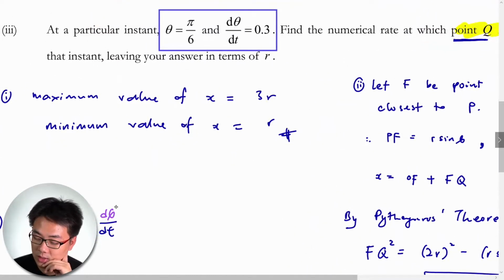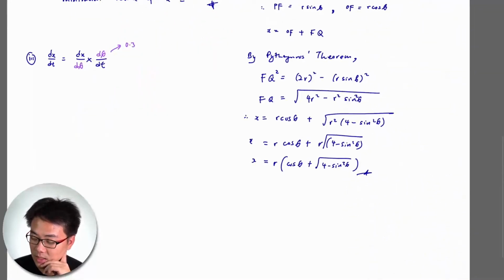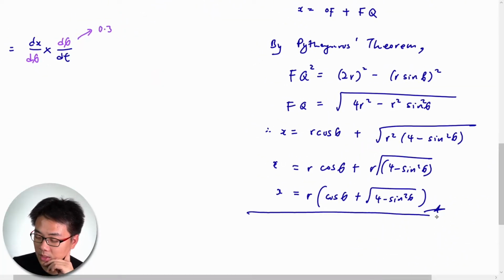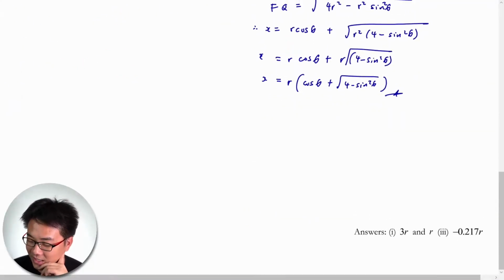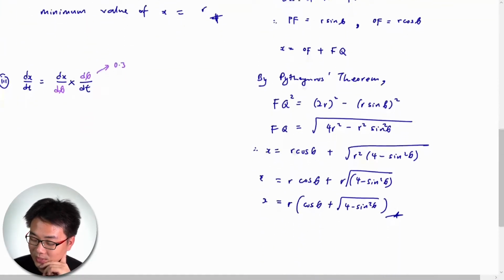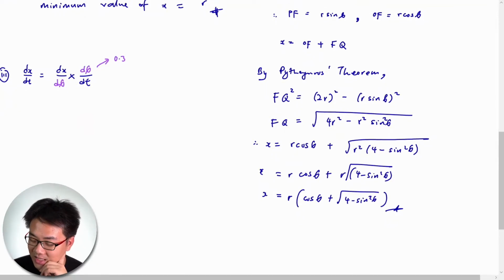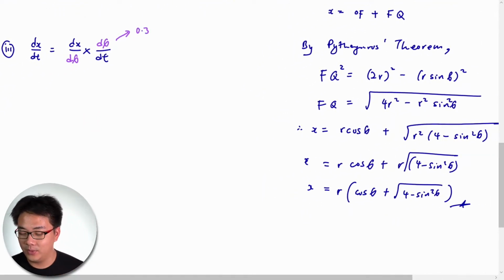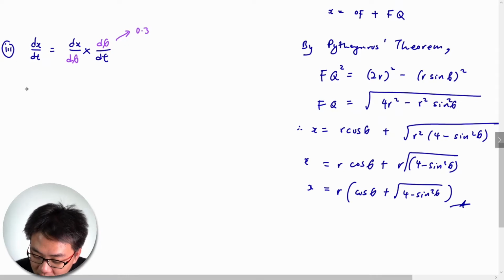This is the change. This over here, we know that is 0.3 radian per unit time, and then dx d theta could be found by just differentiating this. So what I'm going to do is find dx dt. Just use chain rule.